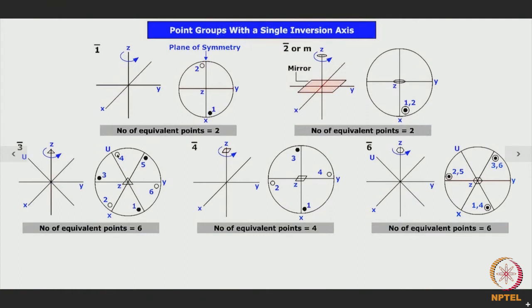Then in the next rotation 4 should have come to 2, but since this is a roto-inverter, it gets inverted through the center and comes over 5, and in the final rotation 5 would have gone to the point 3, but will suffer an inversion and come to the point 6 at a different level.